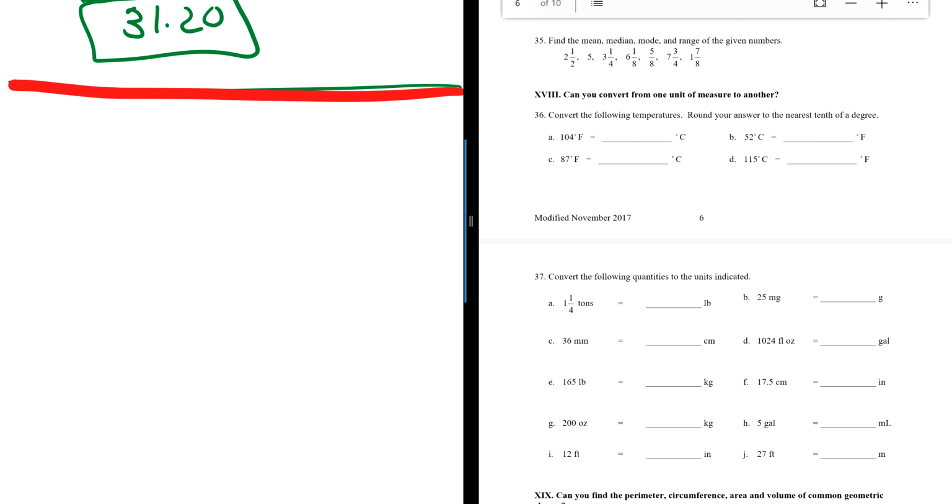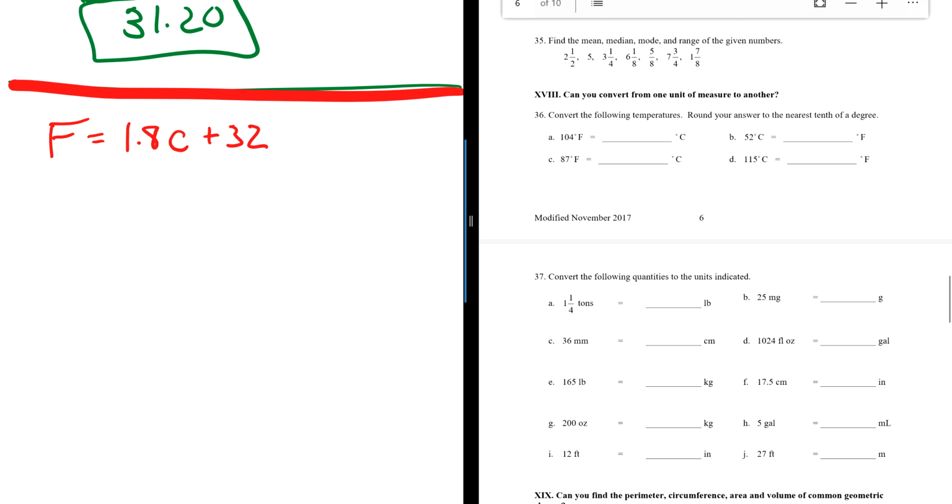Let's see here. I know that my formula is that Fahrenheit equals 1.8 Celsius plus 32. And this is the only formula I need. What is it saying? 104 degrees Fahrenheit equals how many Celsius? So I'm going to do 2 of these.